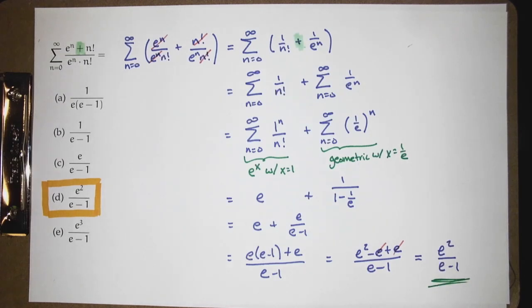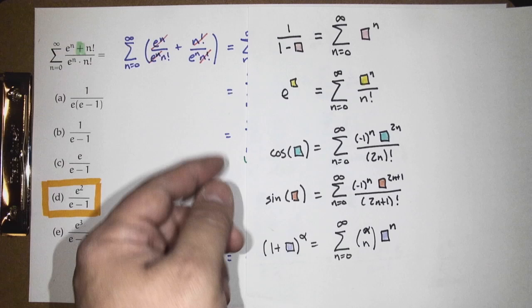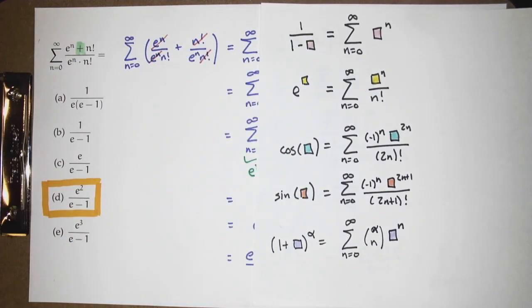Now, what about 1 over n factorial? Well, we start thinking, saying, hey, have we ever seen anything that looks like something over n factorial? And if we were to go through, I happen to have here my convenient list of Taylor series. You say, what looks like something over n factorial?